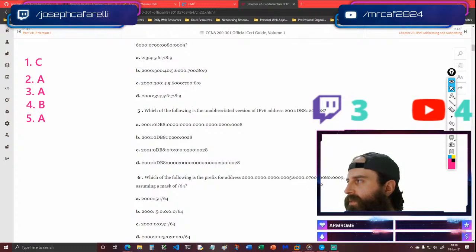Given that the mask is 64, each one has how many bits? At least on this one, so it'd be 4. And 128. Let me just do some quick math, guys.